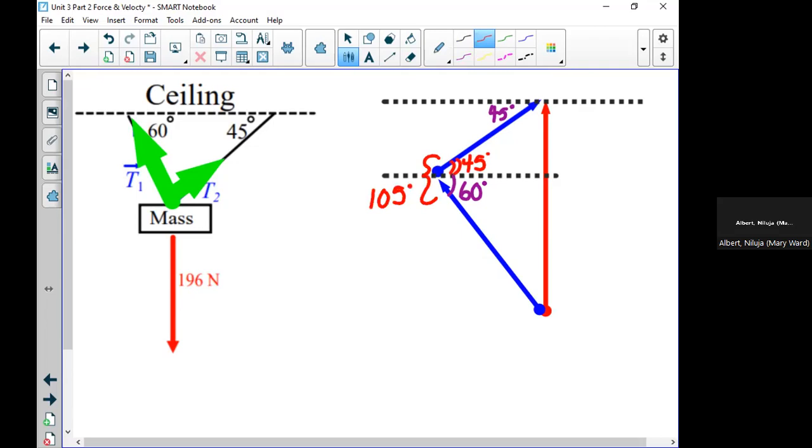Now, if I'm just talking about this smaller triangle up here that is divided by this horizontal line, that makes a right angle triangle. Does everyone see that? So I know in this right angle triangle, I have 45 degrees and a 90-degree angle. So a triangle sums up to 180 degrees. If I take 180, subtract 45, subtract 90, I'm also going to get another 45-degree angle.